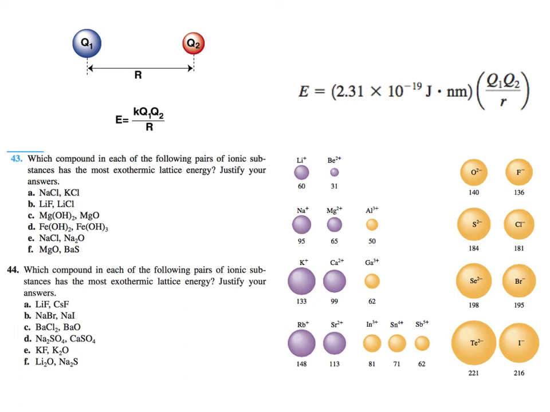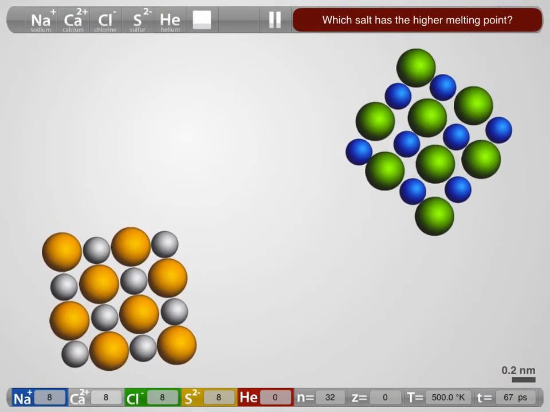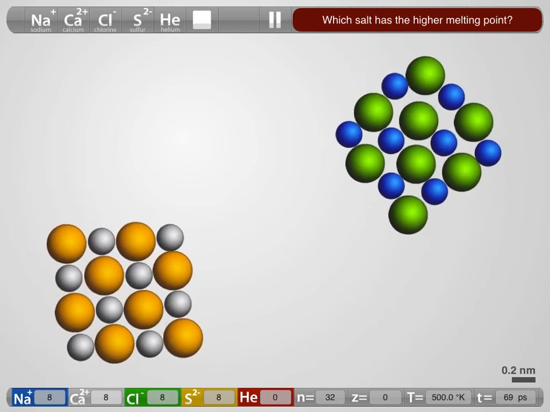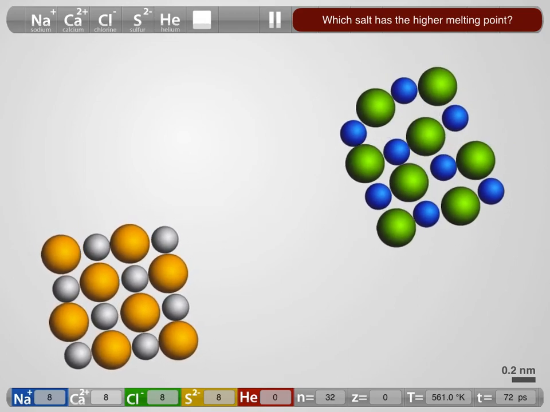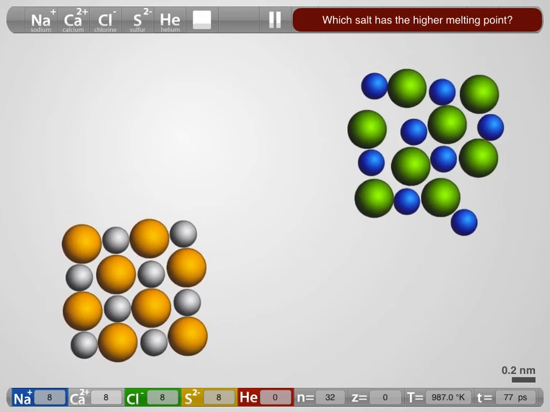Again, it is the magnitude of charge and the distance between the particles that will affect their bonding strength. From this sense, we are now able to begin to compare chemical properties between substances due to the relative strength of their chemical bonds.